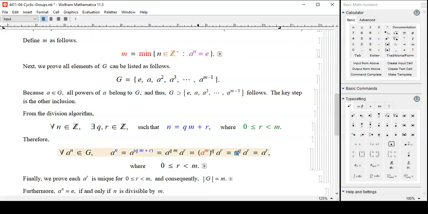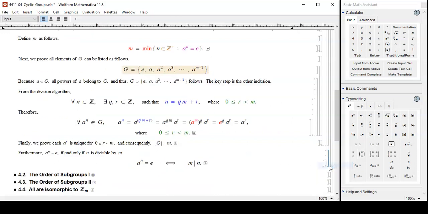So that's e. So a to the m power is e, so e to the q power, this entire thing is e, so a to the n power is equal to a to the r power, where r is between 0 and m, you see. The remainder is greater than or equal to 0, but strictly less than m, the divisor. So an arbitrary element a to the n power should be one of these. So we prove the other inclusion as well.